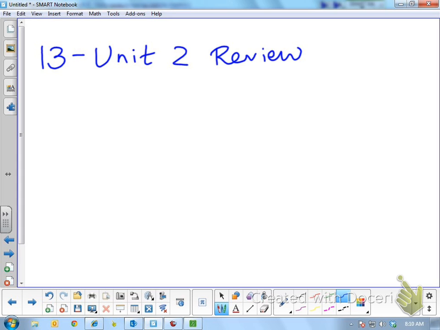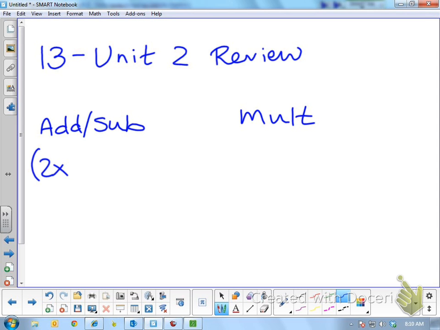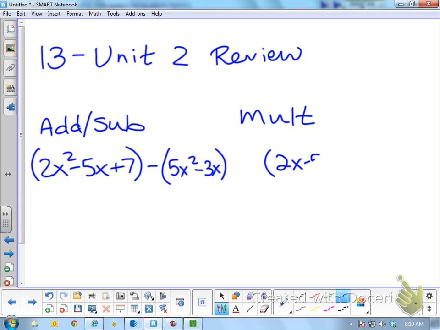So when we are adding and subtracting compared to multiplying, they look almost exactly the same. These are two completely different problems, even though they look almost exactly the same.